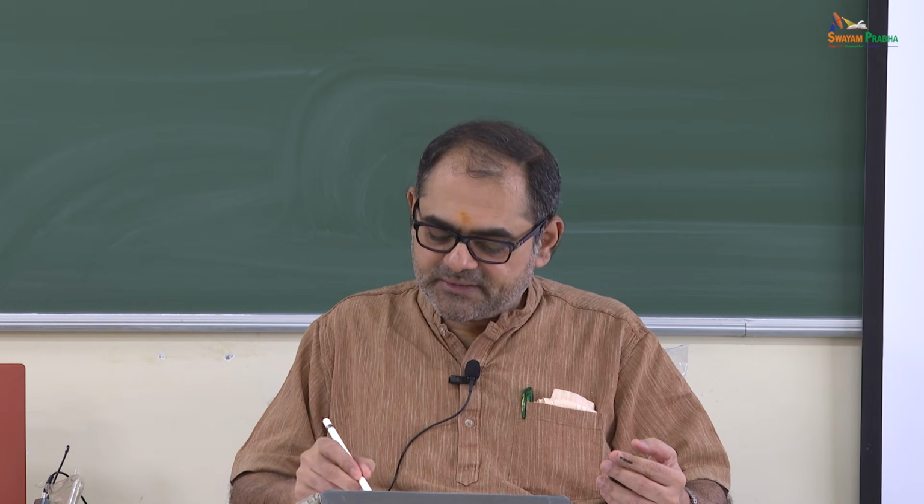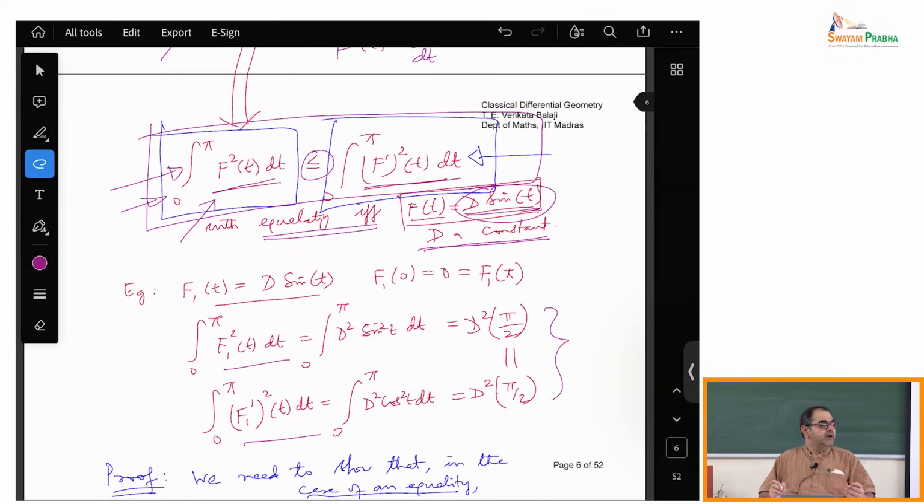A standard example is the sine function. For the sine function, if you compute both integrals, you see that they are equal, and therefore the sine function is one such solution. This is essentially a first order differential equation, since it only involves the first derivative.